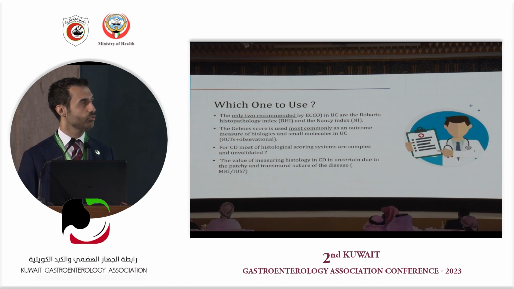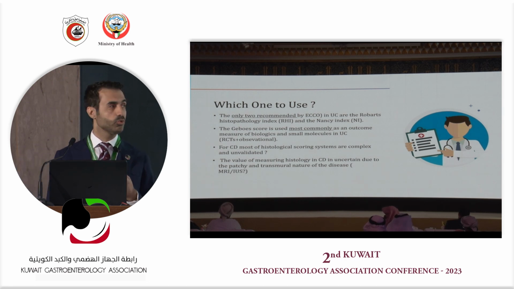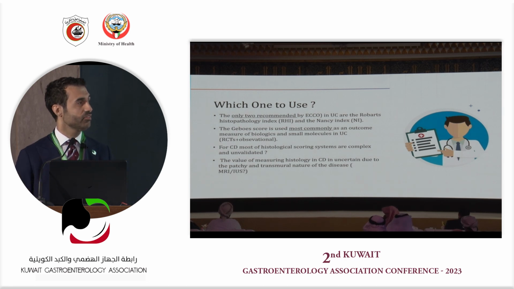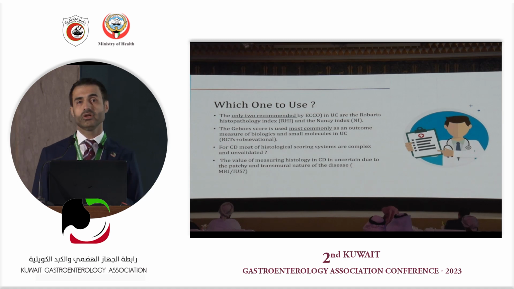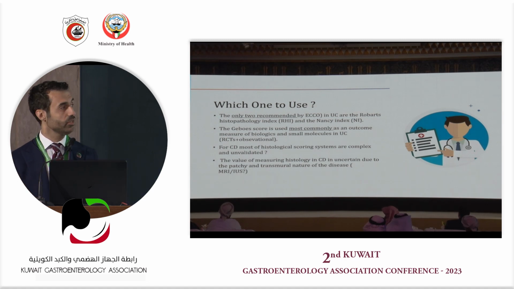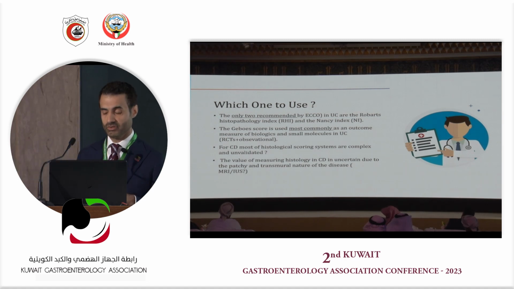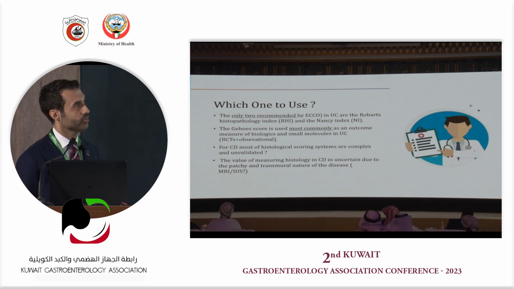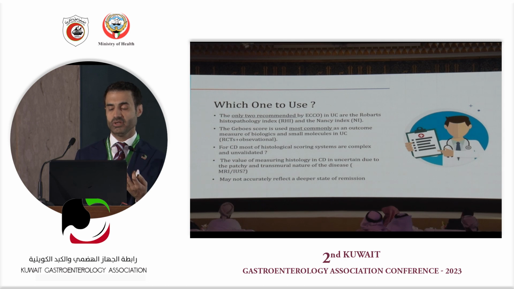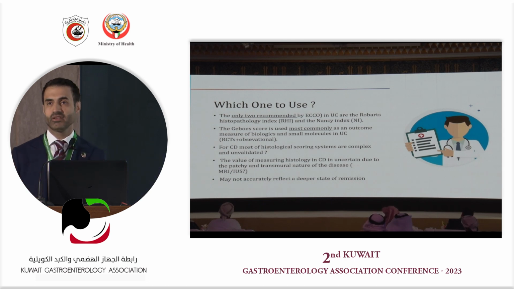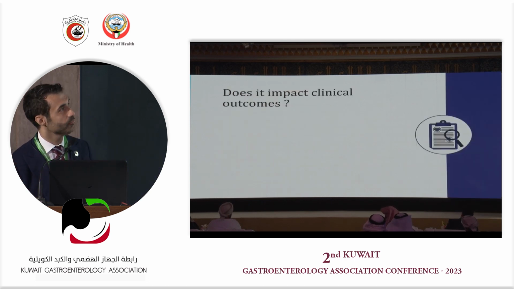That's mainly because of the transmural nature of CD. It's a patchy disease, and maybe histology is not good enough to tell us about healing. We need imaging, usually MR enterography, for example, or intestinal ultrasound, and histology in Crohn's may not accurately reflect the depth of remission.